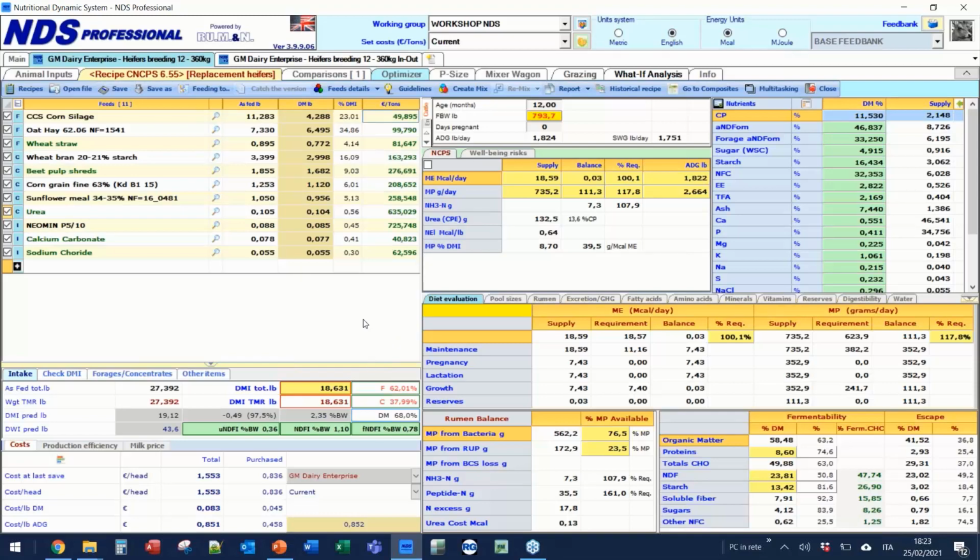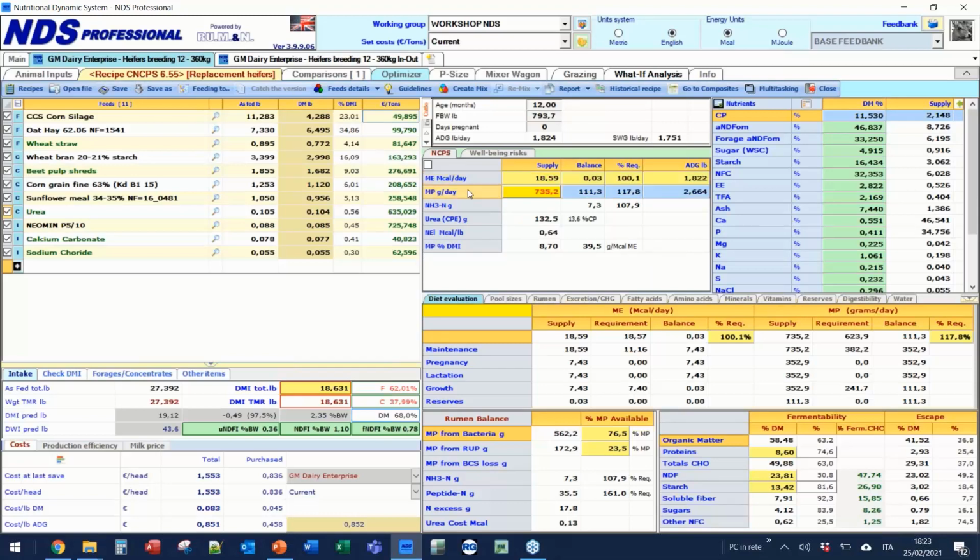So based on this relatively new model, we have to evaluate the predicted growth of our heifers based on ME.